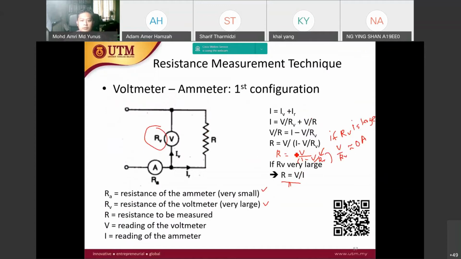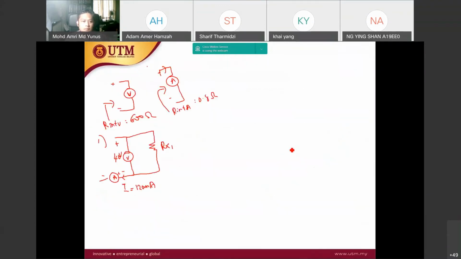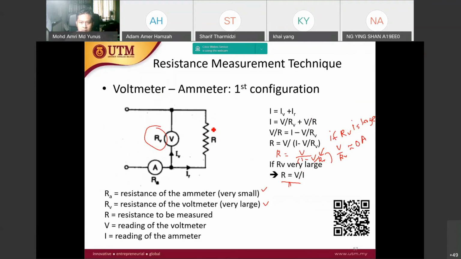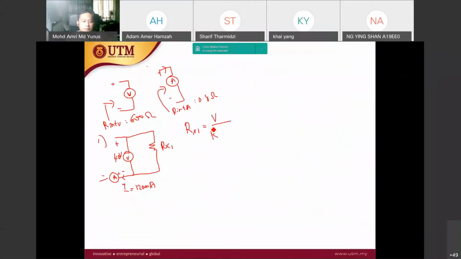this is the equation. In this case Rx1 is equivalent to V over I minus V over RV. Okay.